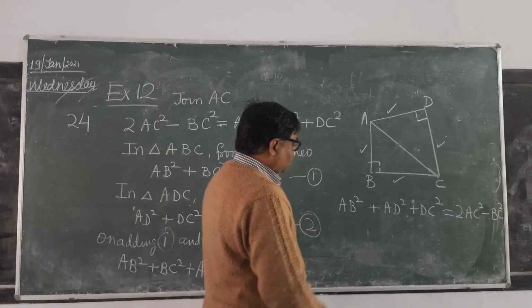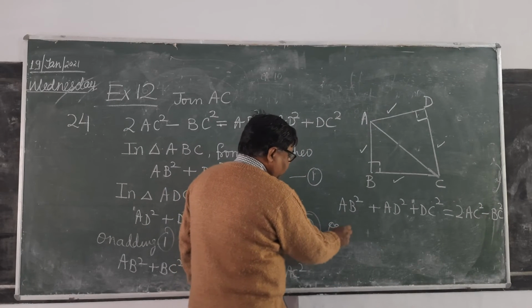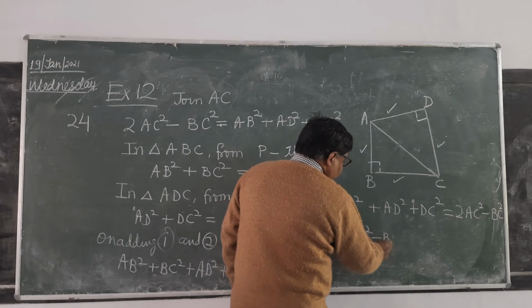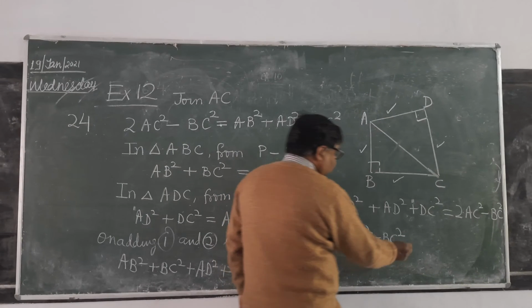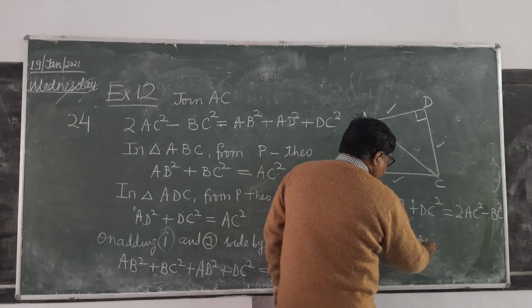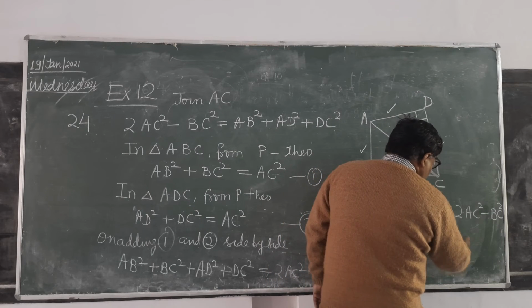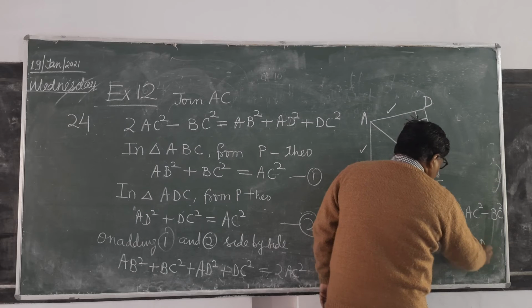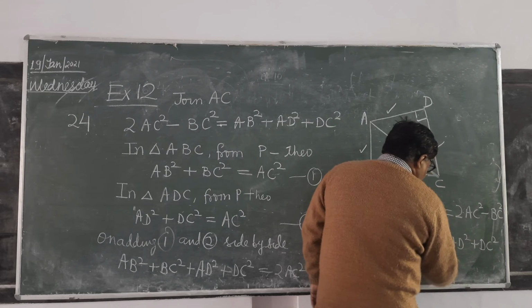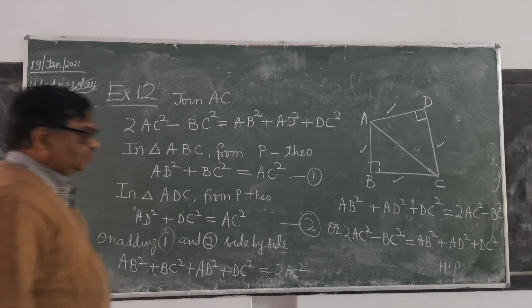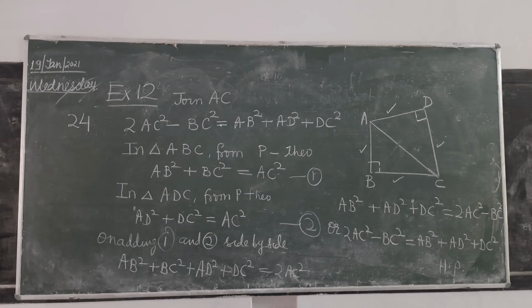It's clear? Or you can write it this way: 2AC square minus BC square equals to AB square plus AD square plus DC square. Hence proved. So this way you can prove to this. You note down.